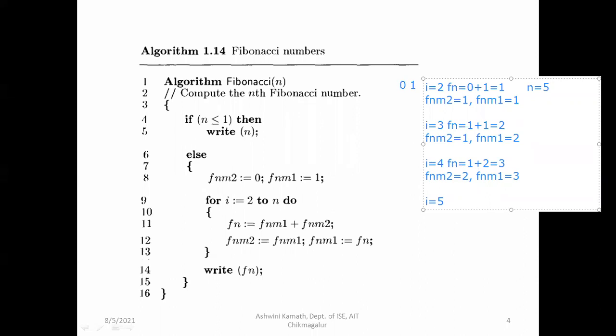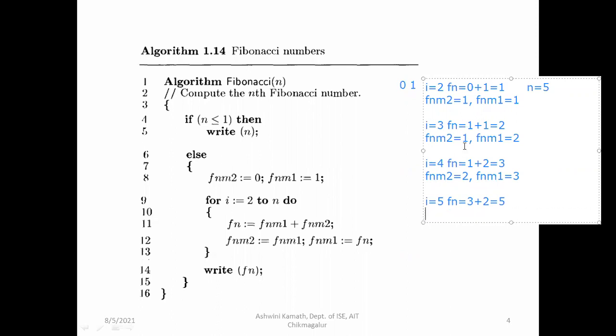So the value of i is 5 now, and the fifth Fibonacci number we want. So Fn is equal to 3 plus 2, because it is Fnm1 plus Fnm2, which is equal to 5. This is the fifth Fibonacci number.